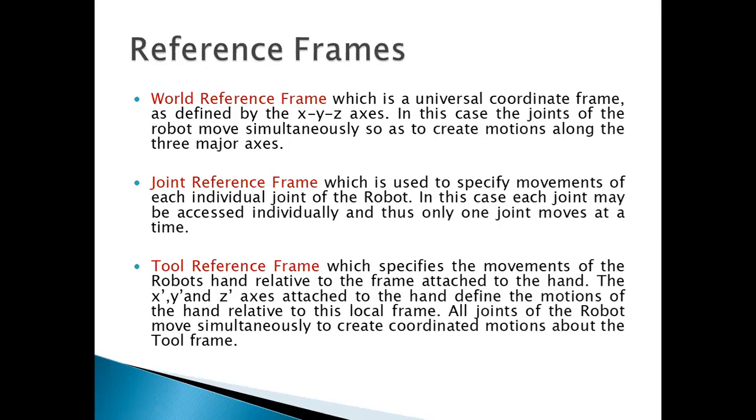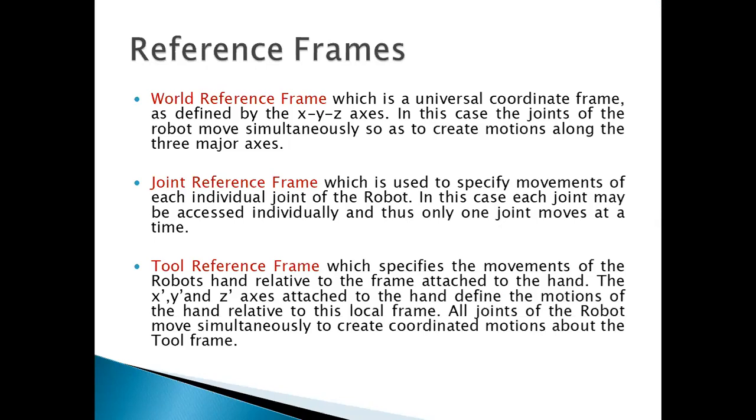There are basically two types of analysis for the robot. One is forward analysis, forward kinematics. Second is inverse kinematics, right? In the case of inverse kinematics, we have to define the tool reference frame, where you can calculate the position of X dash, Y dash, and Z dash with reference to the world reference frame. It means X, Y, and Z. So it means how your wrist is moving with respect to its base or the world coordinates.